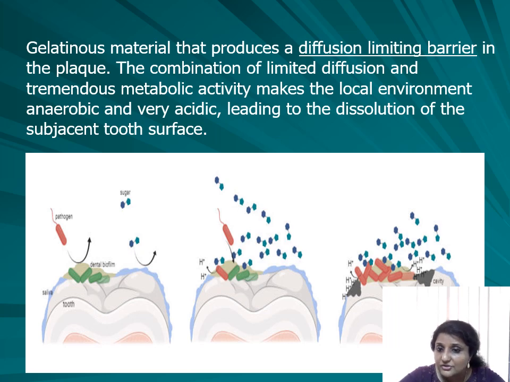So the combination of this limited diffusion and a tremendous metabolic activity makes the local environment, closer to the surface of the tooth, anaerobic and acidic, leading to the dissolution of the subjacent tooth surface. So once that happens, a cavity is formed. However small it is, a cavity is formed.